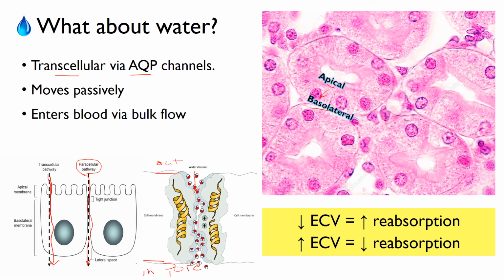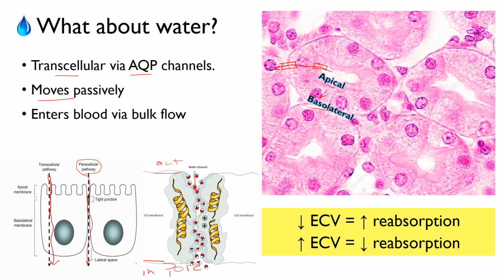There are a whole bunch of aquaporin channels in the kidney, and when it comes to the proximal tubule, I don't care that you know the name of the aquaporin channel, just that it exists, and that's how water moves. There are aquaporin channels on the apical side of the membrane and on the basolateral side of the membrane, because if water is going to get into the cell, it has to get out again. And so it requires aquaporin channels on both sides.